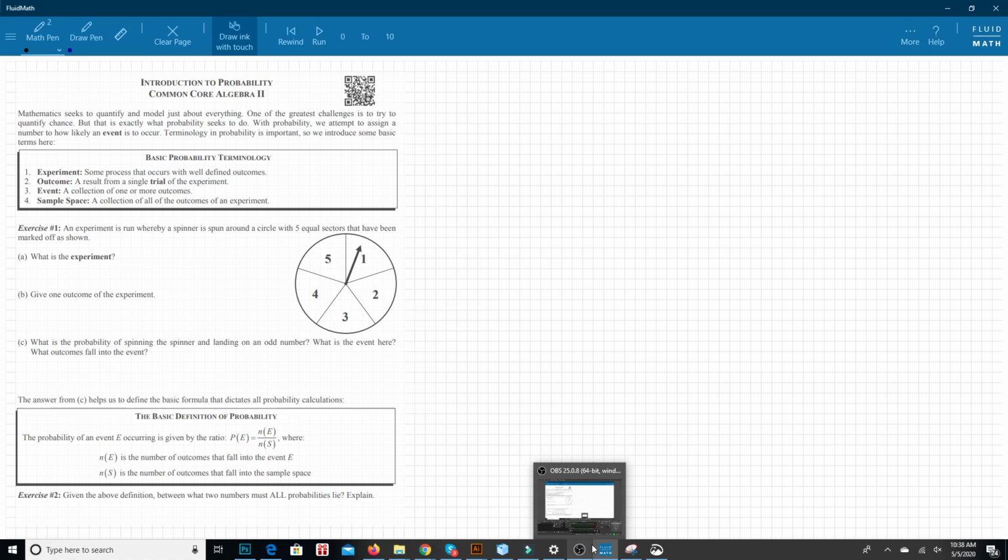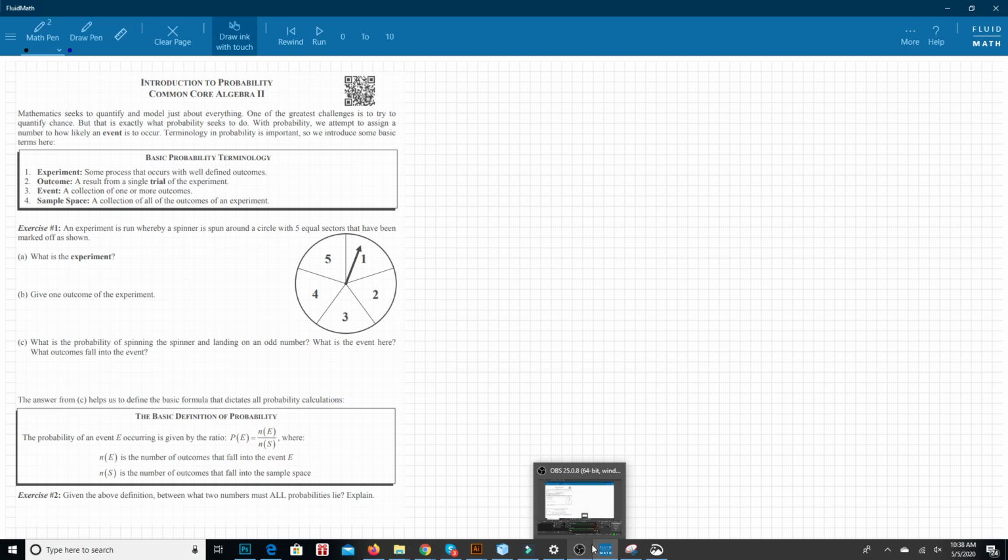So if we're looking at it like that, and we try the first problem, exercise 1, which says an experiment is run whereby a spinner is spun around a circle with 5 equal sectors that have been marked off as shown. What is the experiment? So the experiment is getting an outcome from this spinner, right?